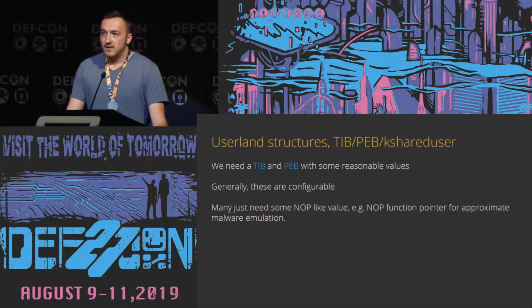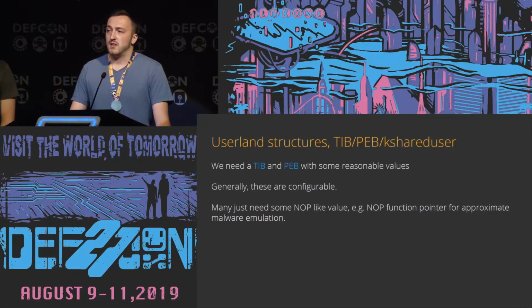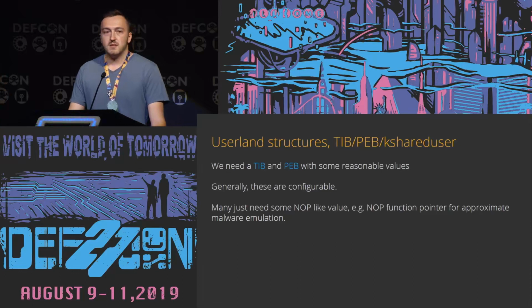Now that we had the segment registers, we were able to start building out Windows userland structures, in particular the TIB and the PEB, which are the thread information block and the process environment block, respectively. We wanted to start filling those out because it turns out that malware, or any program really, uses those extensively.